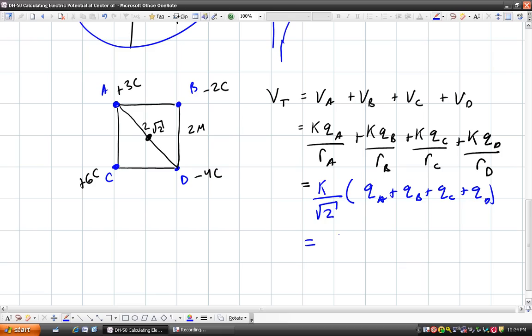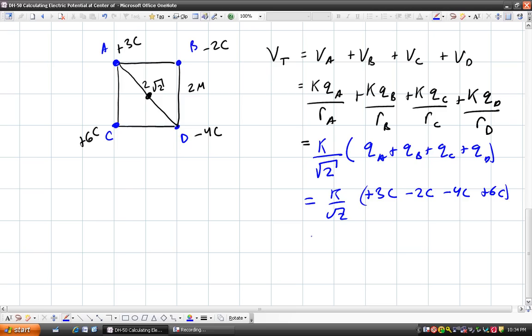Or, when you plug in the numbers for the charges, that's going to be plus 3 coulombs, minus 2 coulombs, minus 4 coulombs, plus 6 coulombs, times K over square root of 2, which is going to give you a net charge here that is going to be plus 3.